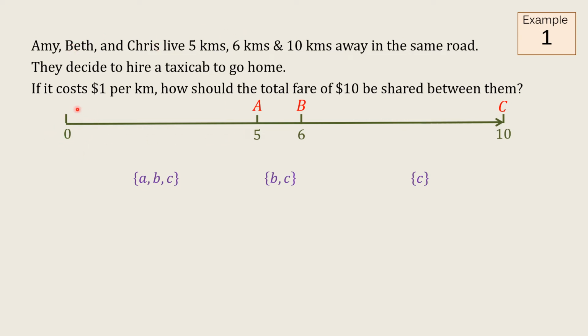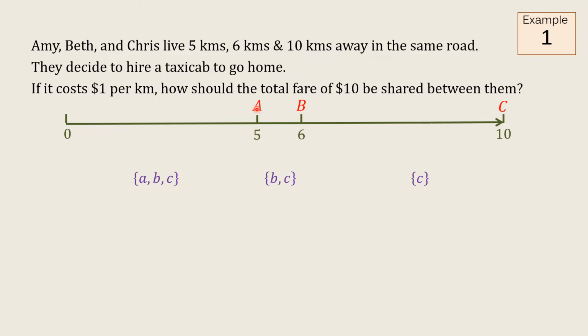They begin at this point, and their destinations are 5 kilometers, 6 kilometers, and 10 kilometers away from the point where they begin. And they need to share a taxi cab. So they begin from this point, and then all three of them take a right until this point.